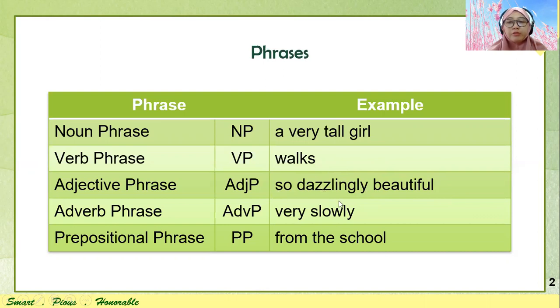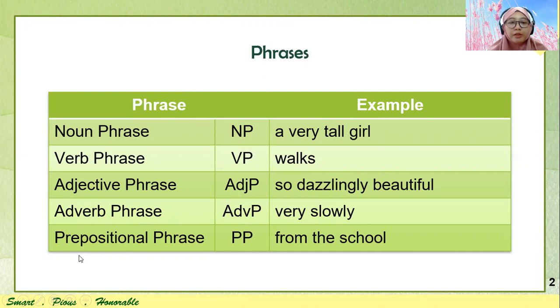Tapi jika kita satukan semua, kita arrange to become like this, so it becomes one phrase, one adjective phrase. And now adverb phrase. This is the abbreviation, ADVP, with capital P. The example is very slowly.